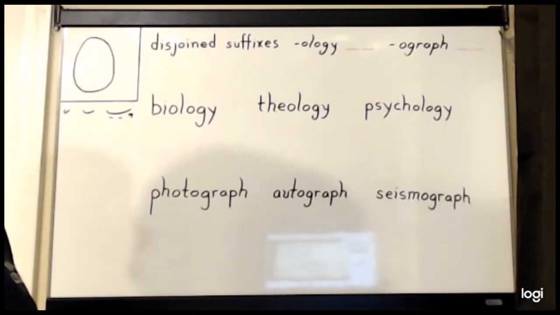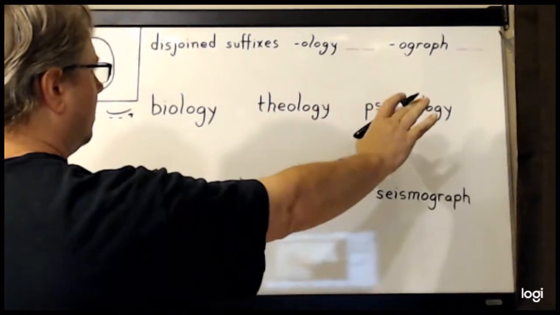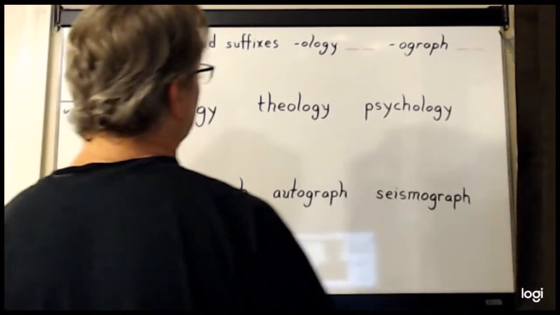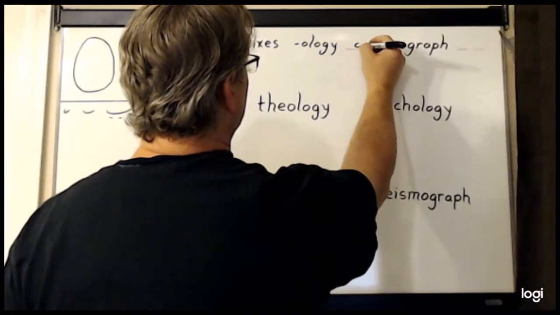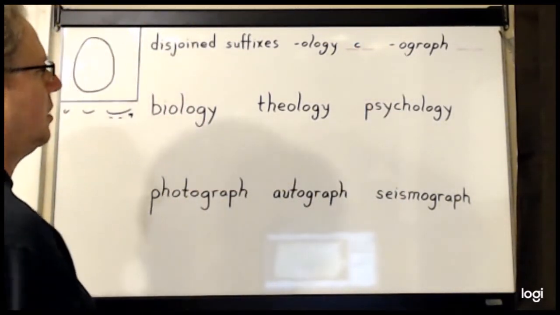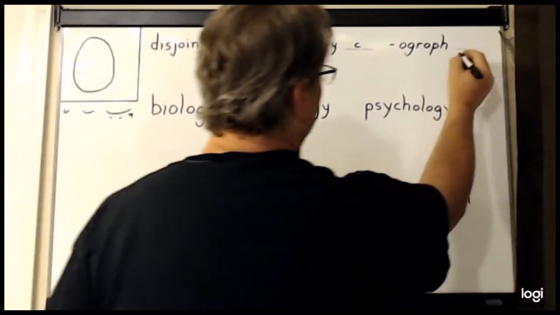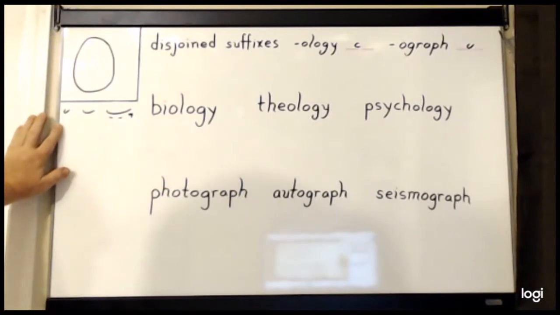The letter O can also represent the disjoint suffixes ology and a graph. For ology, the O is written on its side, almost looking like a conventional letter C. For a graph, it is written the normal way, as it is over here.